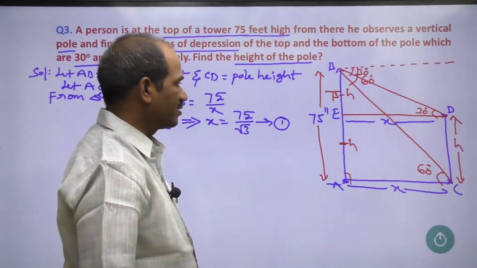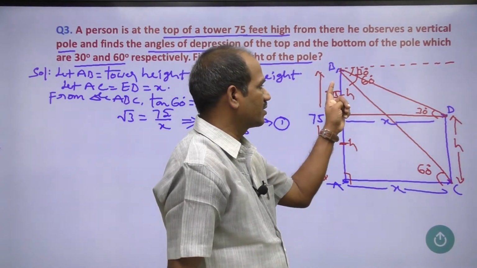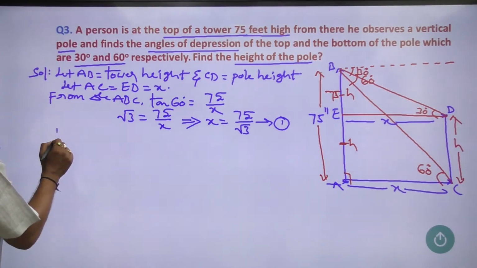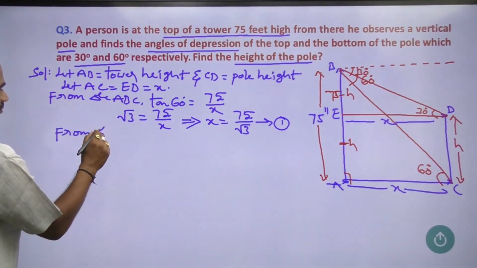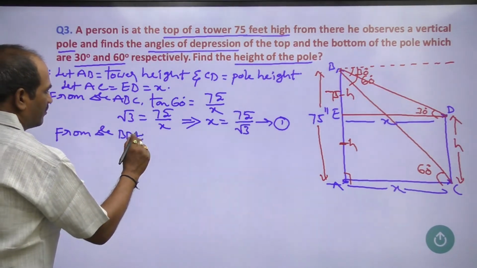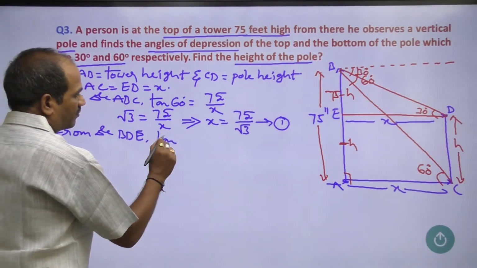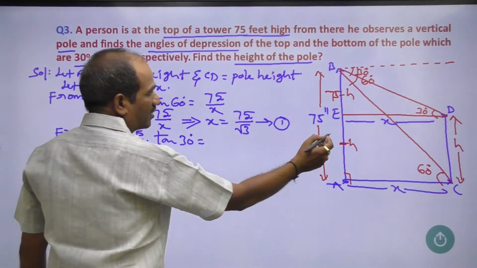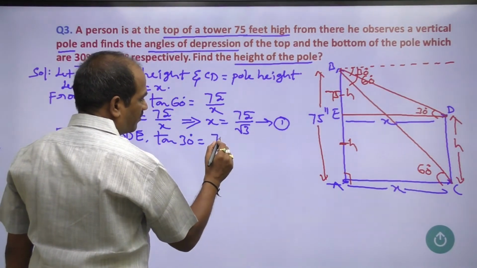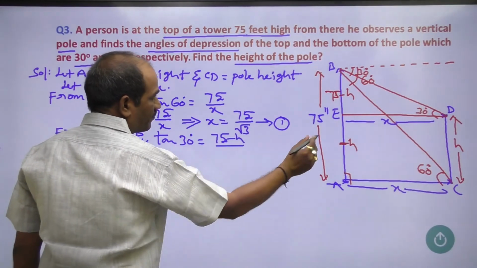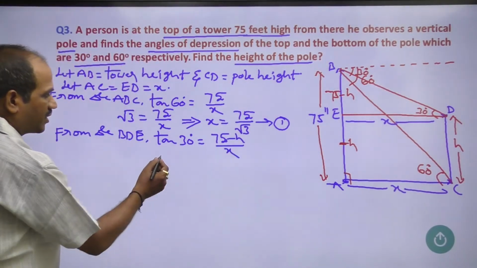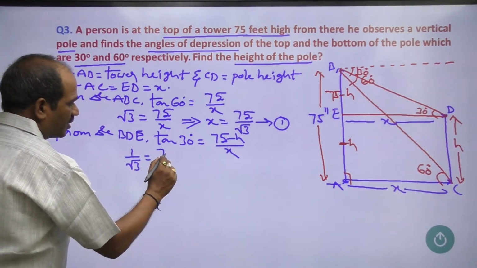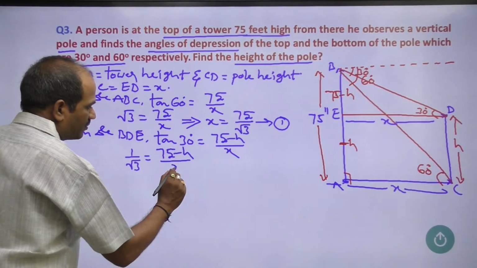Take the second triangle, triangle BDE. From triangle BDE, tan of 30 degrees is equal to the opposite side, 75 minus h, by this value x. The value of tan 30 is 1 by root 3, so 1 by root 3 is equal to 75 minus h by x.